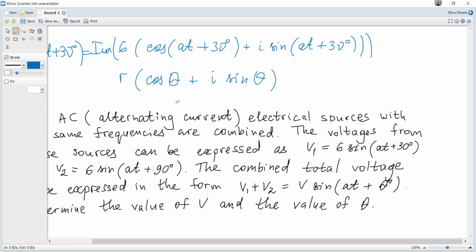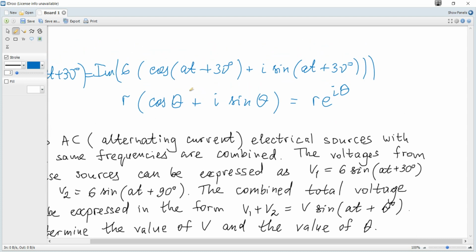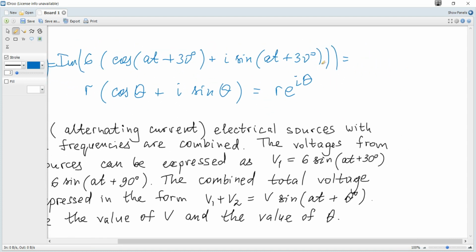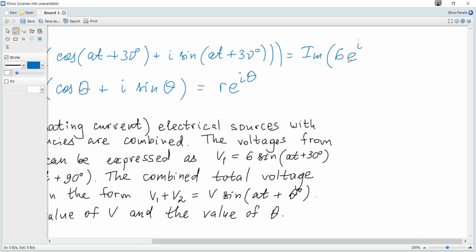And we know that this form can also be rewritten as r e to the power of i theta. It's called Euler's form or the exponential form. So it becomes the imaginary part of 6e to the power of i times the argument 80 plus 30.